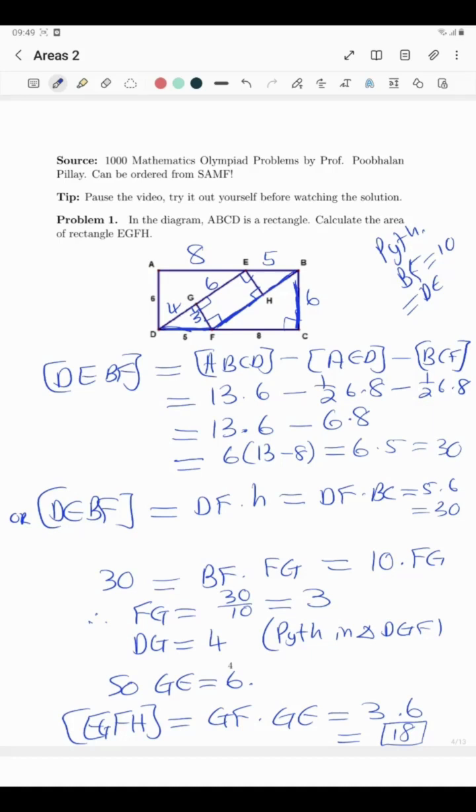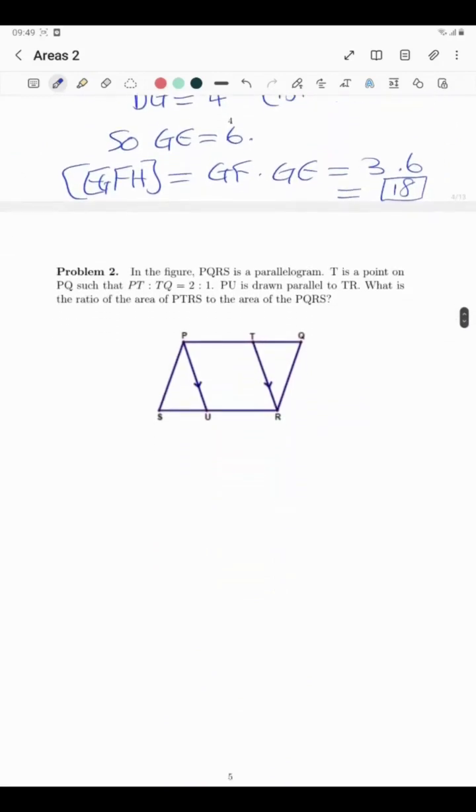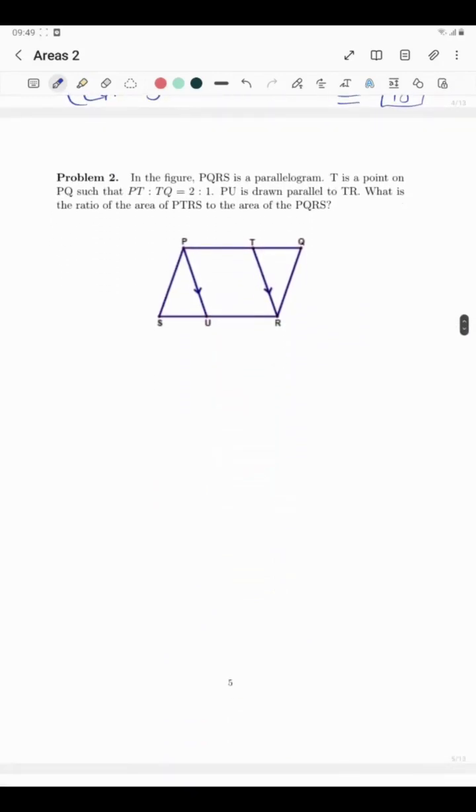Good. All right, let's move on to problem 2. Now, in this figure, PQRS is a parallelogram. T is a point on PQ such that the ratio PT to TQ is 2 to 1. PU is drawn parallel to TR.